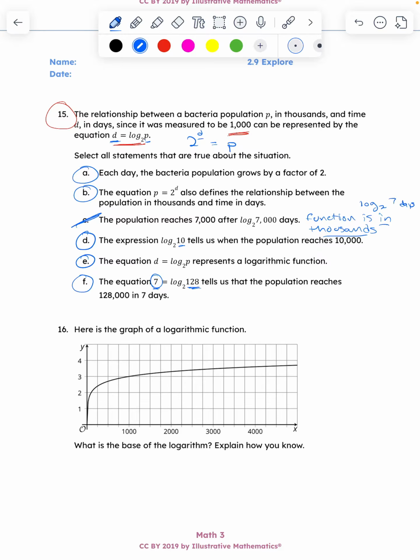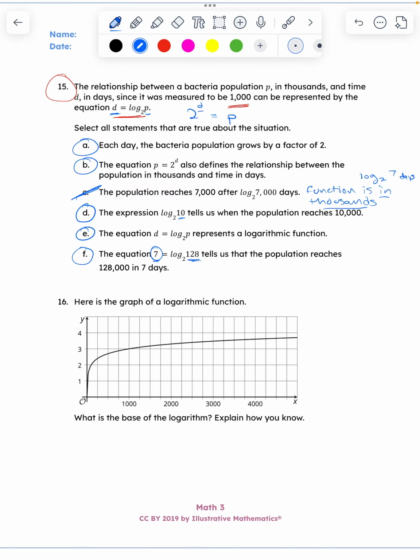And I can see that I've got at least one clean point at 3, 1,000. So that suggests to me that when my x equals 1,000, my y equals 3.